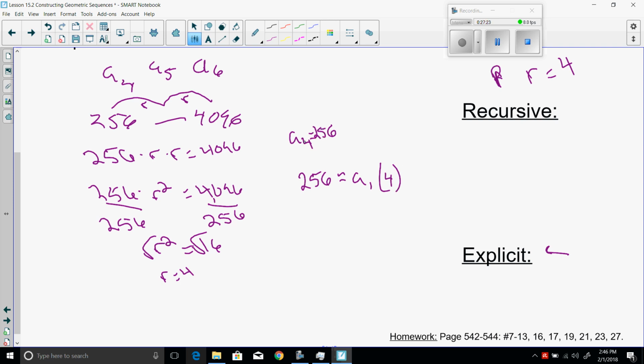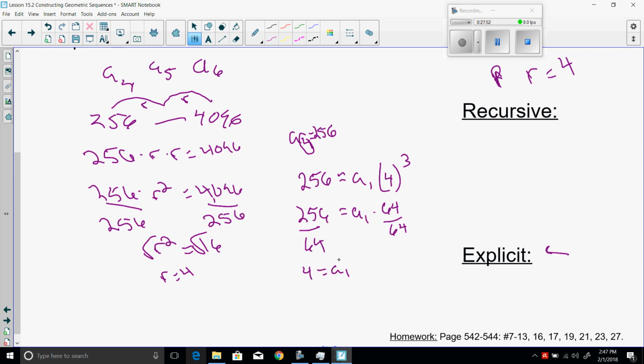If I'm using a sub 4, my n is 4, so then 4 minus 1 is 3. Okay, so then I get 256 is equal to a sub 1 times 4 to the third power, which is 64. And if I divide both sides by 64, I get 4 is equal to a sub 1.